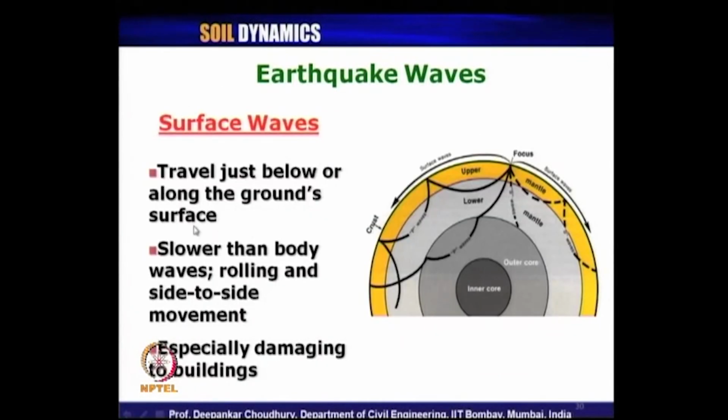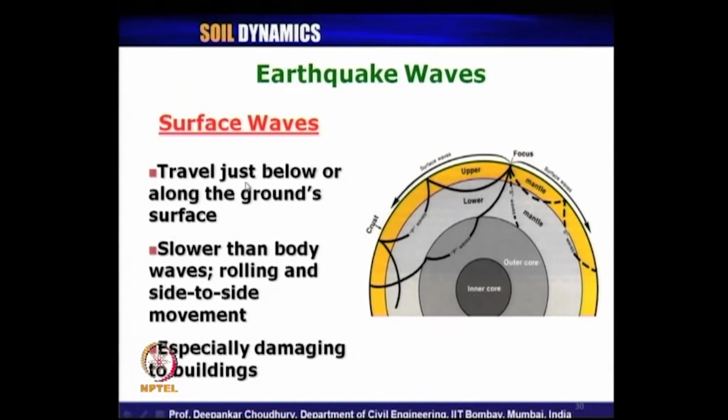Coming to the surface waves, they travel within the crust, very close to the ground surface. That is why the name surface wave. If you look here, this is the earthquake focus; S wave and P wave travel inside and get recorded on the other side, whereas surface waves travel along the surface, as the name suggests, only in this direction to a certain distance.